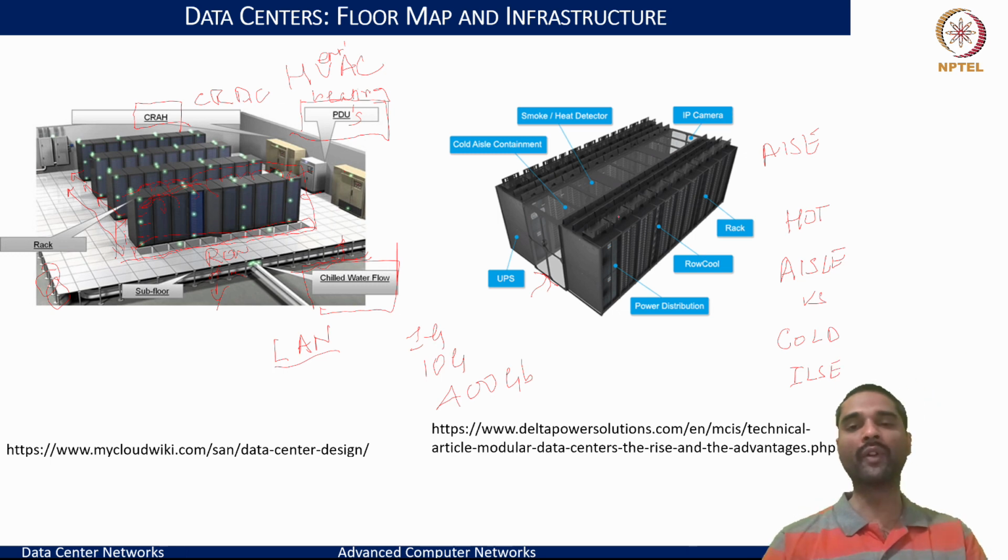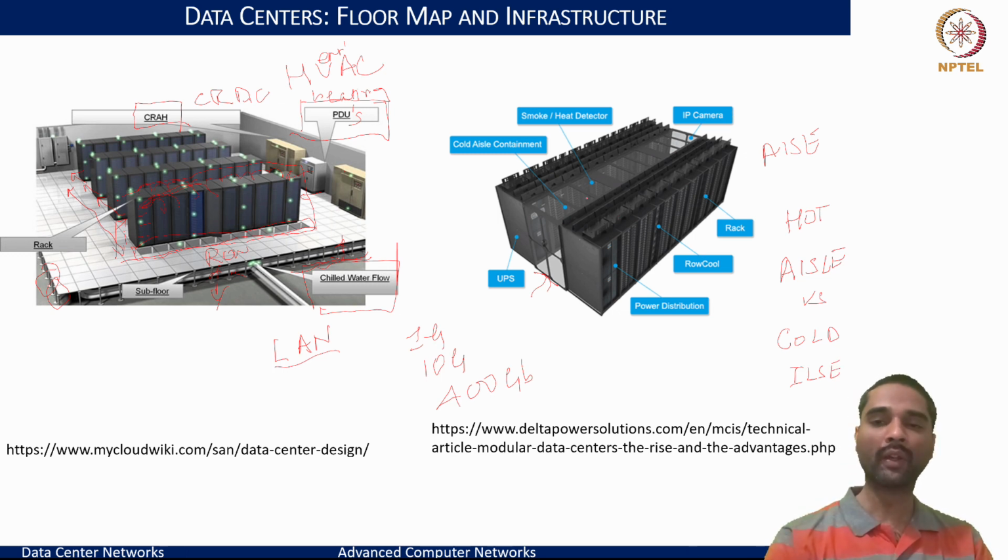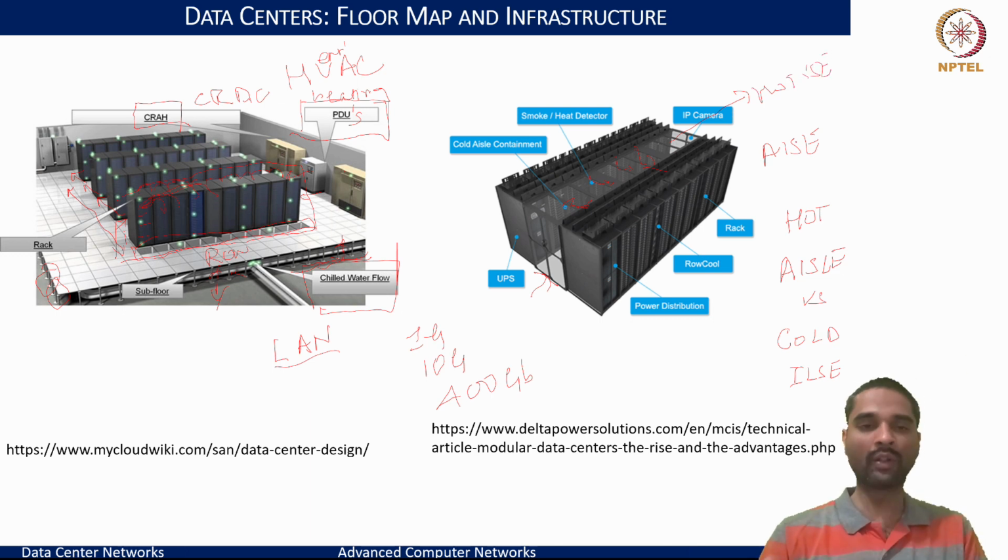So if you have a device where the cooling fans are continuously running, this is where the hot air is going to be generated, making this a hot aisle, while if these ends are continuously being cooled, this is going to be a cold aisle, and likewise.